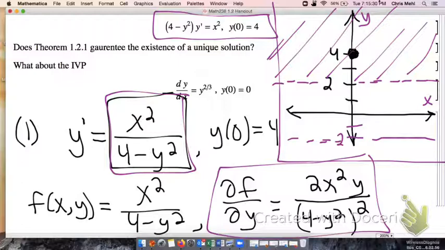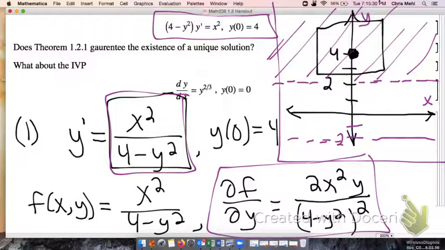And again, since f of x, y and partial f partial y are continuous on their domains, here's one such rectangle I could draw. Okay, and notice my initial condition, y of 0 equals 4, is fully contained in a region of R2 where f of x, y and partial f partial y are both continuous.